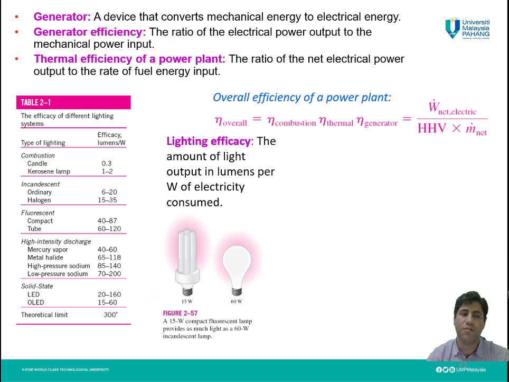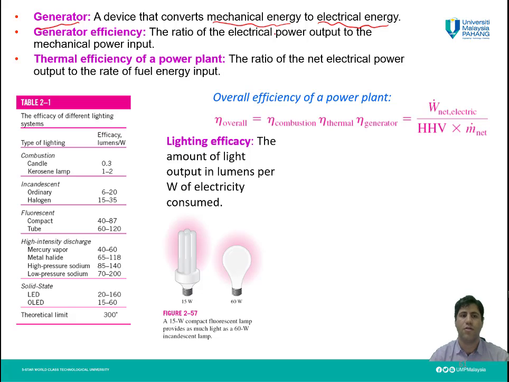We have also other equipment whose efficiency we may be interested in. For any equipment or device which converts energy to another form, we can calculate the efficiency or performance. A generator is a device that converts mechanical energy to electrical energy.